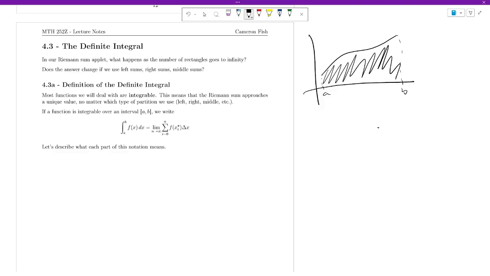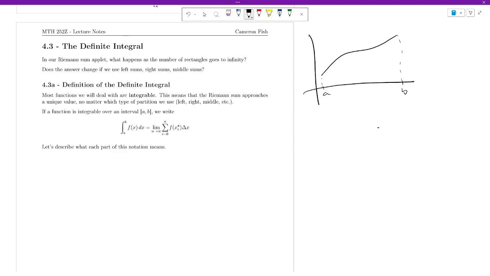We talked about how if this original function is representing something like velocity, then this area is representing something like the total change in position of the object. So we have some physics reasons to think about these kinds of areas under curves.